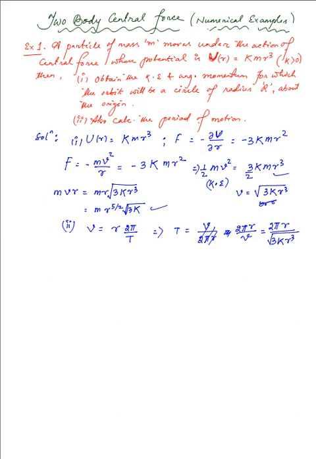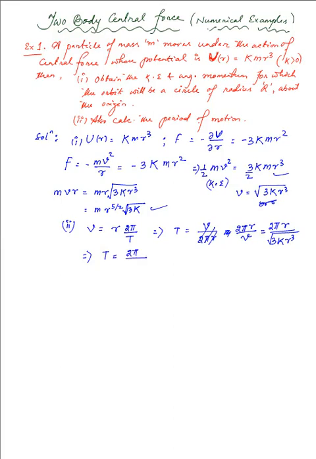As we can see, there's an r in the numerator and an r cube term in the denominator. From the denominator we can take an r square out, and that will cancel out the r in the numerator, so we will have T equal to 2 pi.